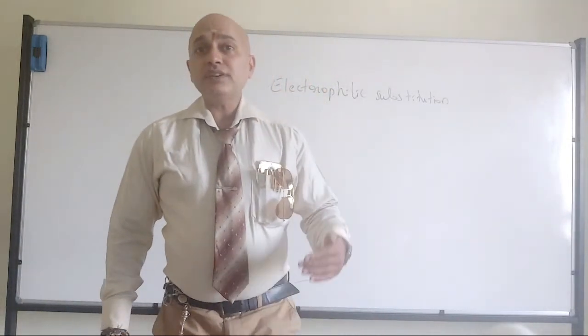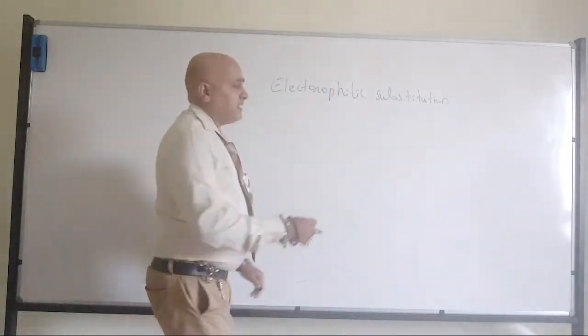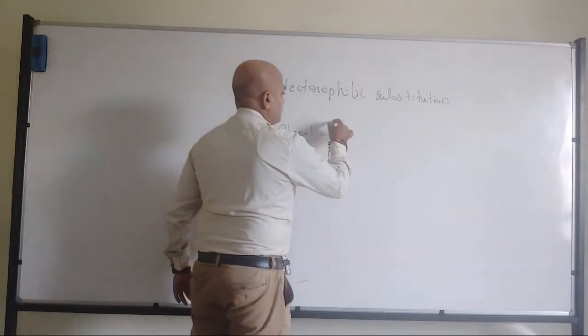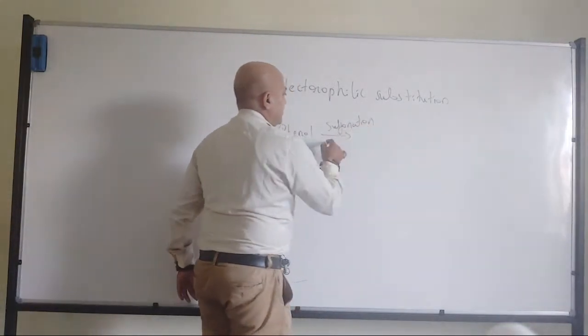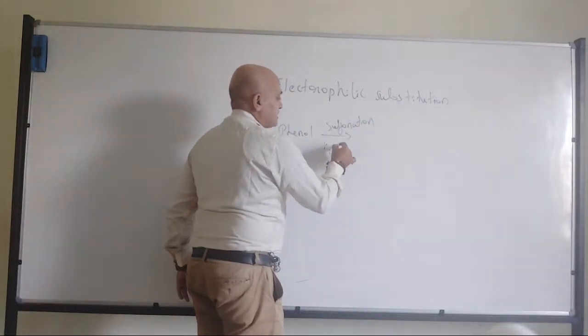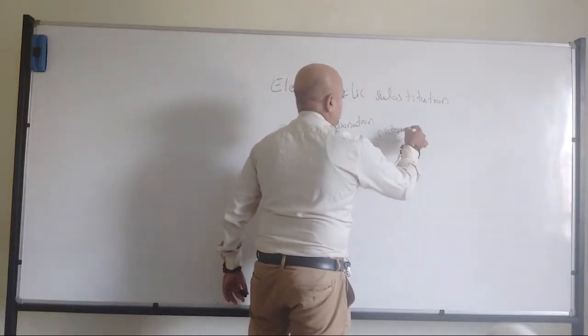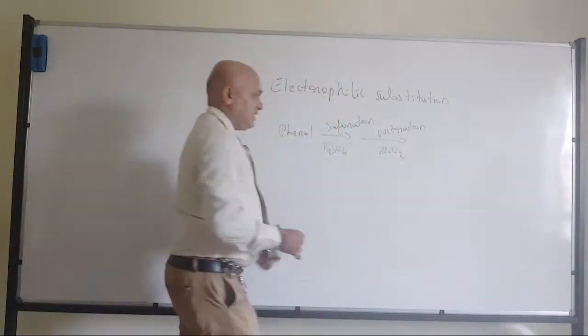But normally they first go with sulfonation, then with nitration, right? So phenol will be there. First they go with sulfonation, that means by treating with H2SO4. Then they go with nitration at the end, where they treat with nitric acid.